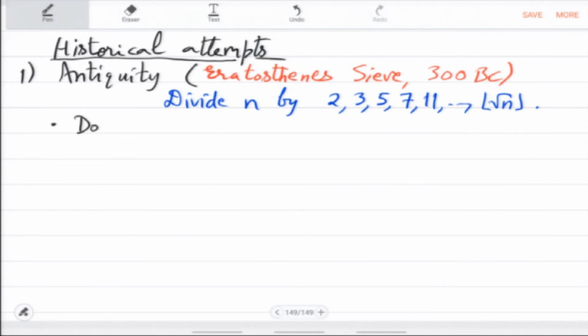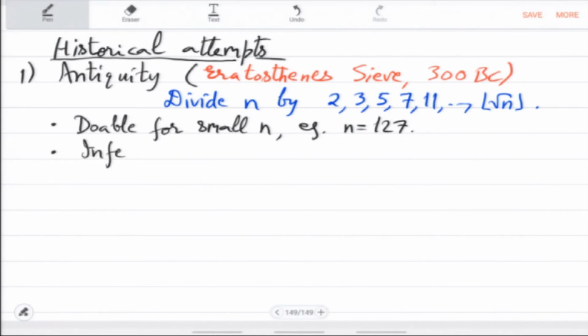So this is doable for small n. Example, n equal to 127. This is a good way to work by hand and find whether 127 is prime or not. But this is infeasible, even impossible for large n.